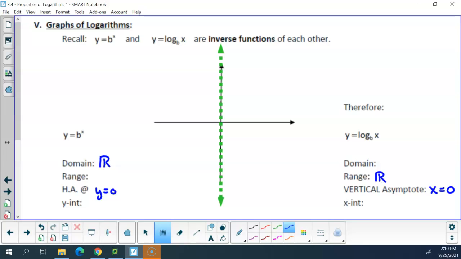My range was all of the y's greater than 0. So that means my domain is going to be all of the x's greater than 0. So a logarithmic function will not exist on the left half of your graph. It can't exist over there.